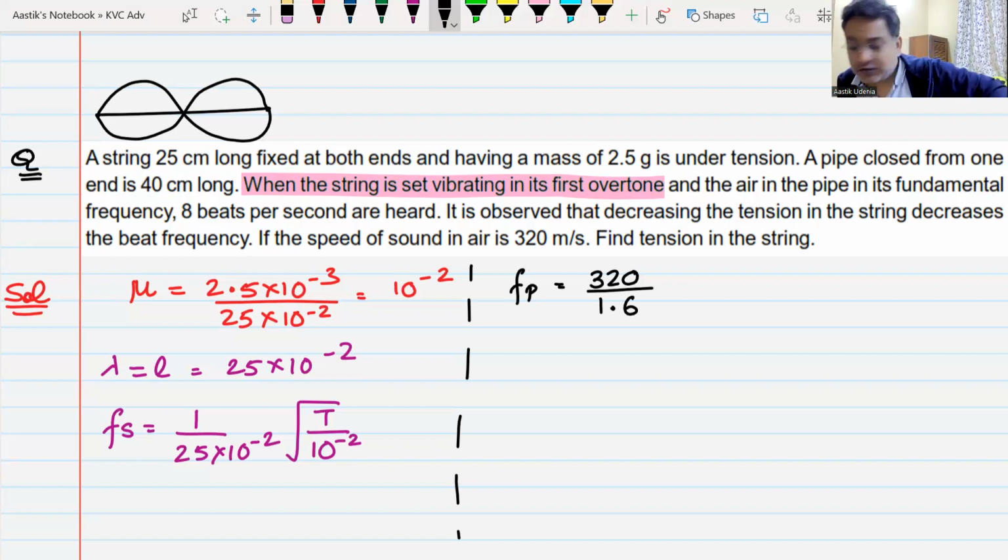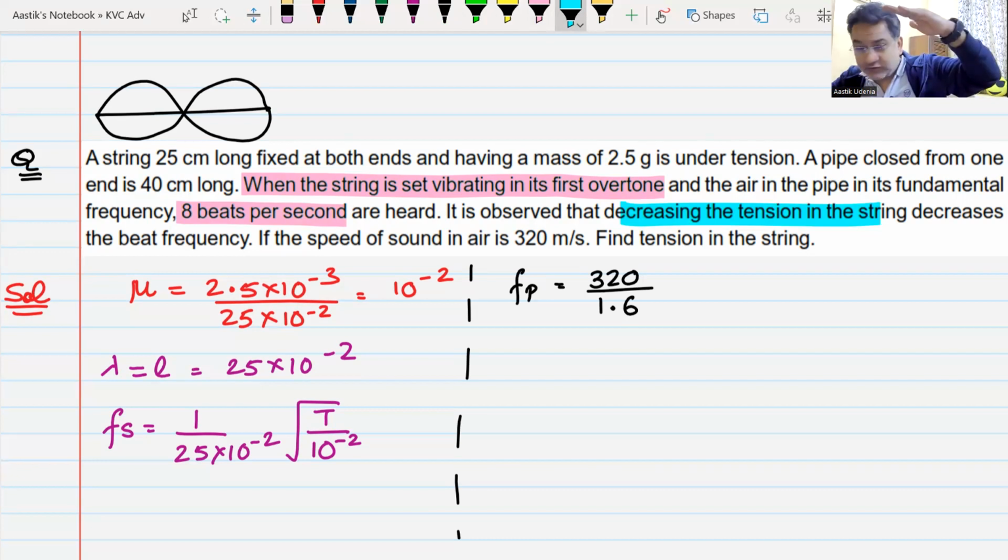So now we hear how many beats? 8 beats are heard. It is observed that the tension in the string is decreased. When you decrease the tension on the string, the frequency of the string will get lower, and the beat frequency also decreases.